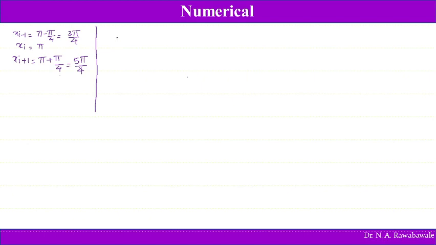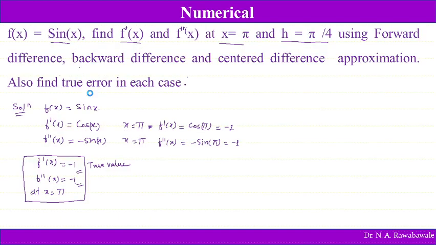Before finding the forward difference approximation, we will find f of xi minus 1, that is f of x value, which is sin x.